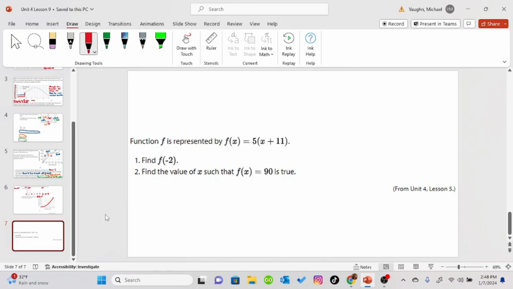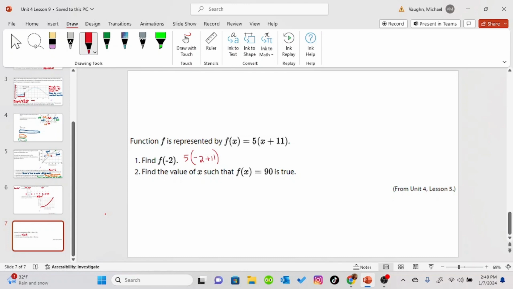And the last practice problem for Unit 4, Lesson 9, function f is represented by f of x equals 5 times x plus 11. Number 1 wants us to find function f when the input is negative 2. So that becomes 5 times negative 2 plus 11.